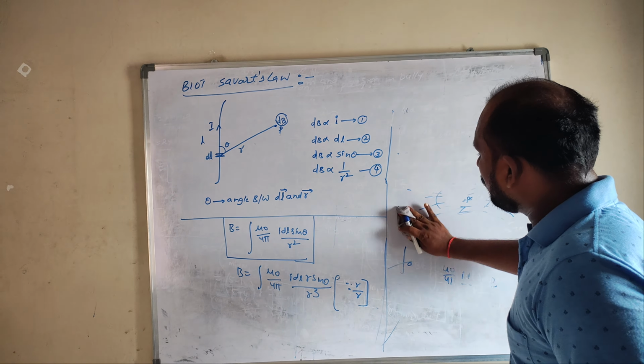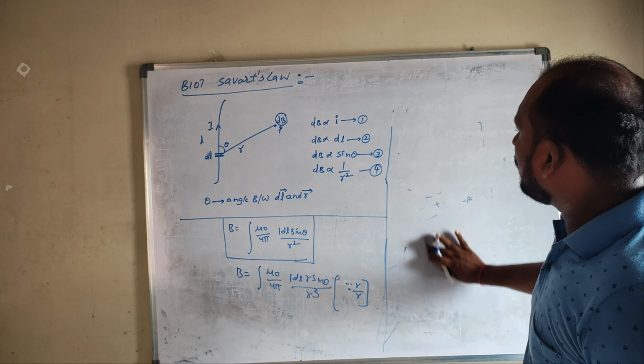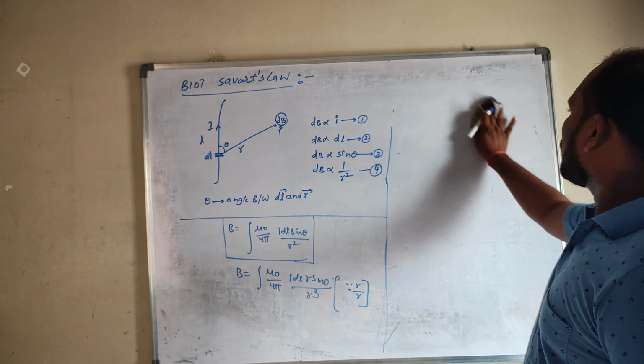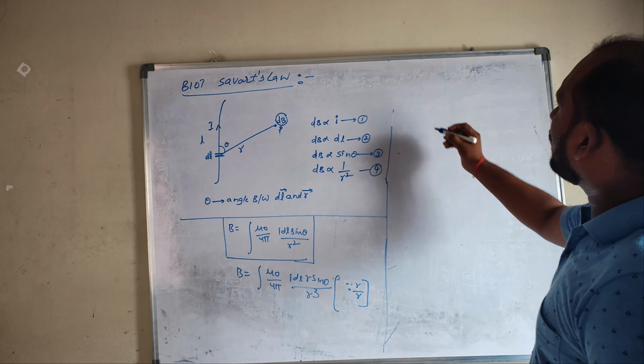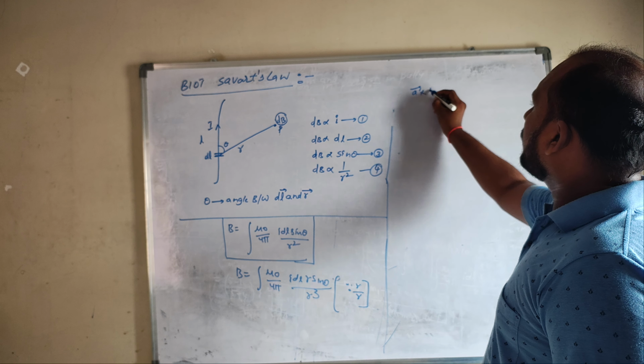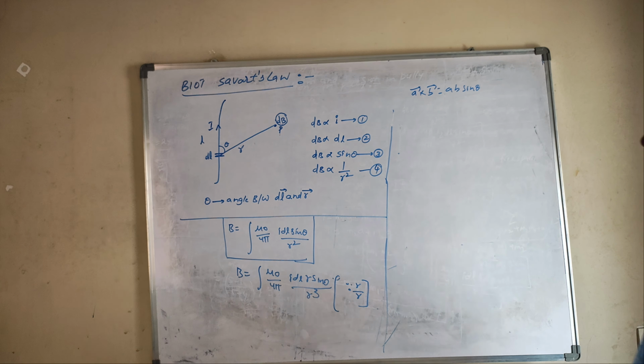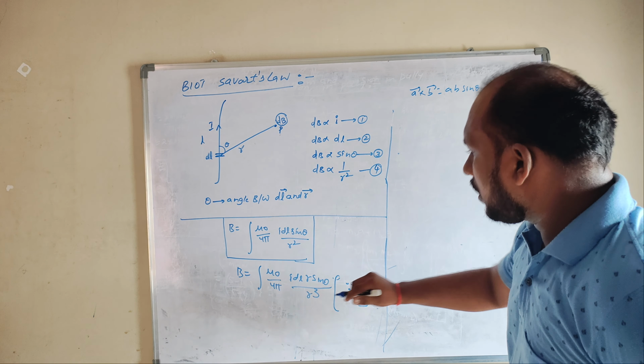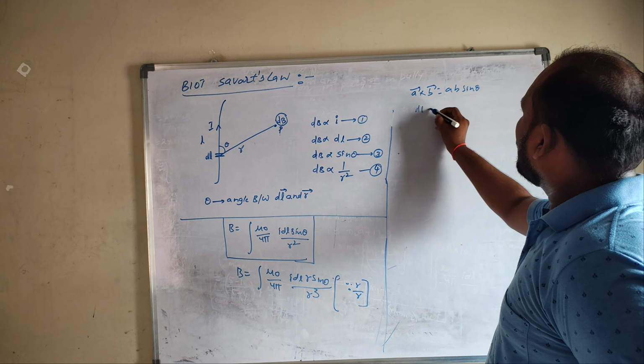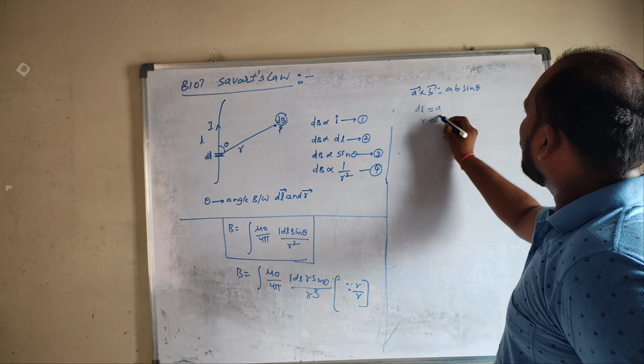Now let's say, guys, we know dot product and cross product. According to the cross product, a bar cross b bar is equal to ab sin theta. Observe the same thing here: dl is equal to a, r is equal to b.